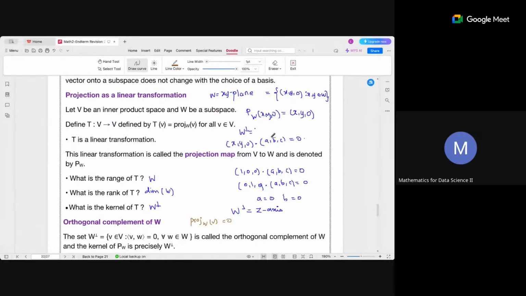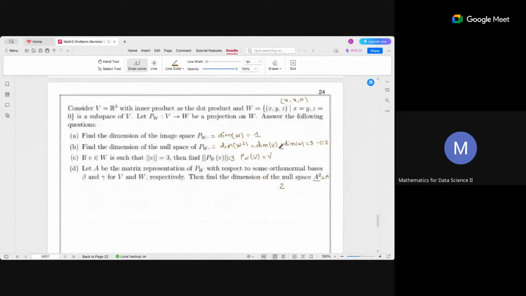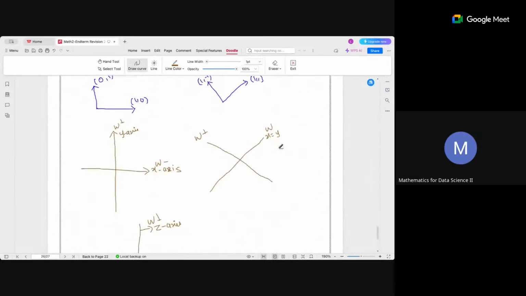Imagine, suppose you are projecting any vector on this line onto W, then it will get projected to this point. In the same way, if you are projecting any vector on this other line onto it, it will again come to the origin only.